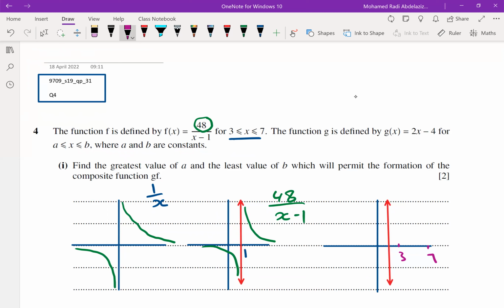If you substitute 3 in this function, 3 minus 1 is 2, and 48 divided by 2 is 24. Let's say this point is 24. For 7, 7 minus 1 is 6, and 48 divided by 6 is 8. Say this point is 8. Then sketch the curve of the function.